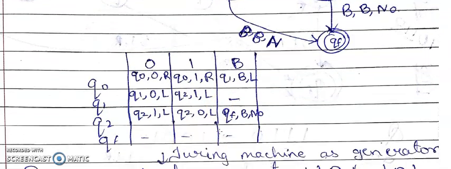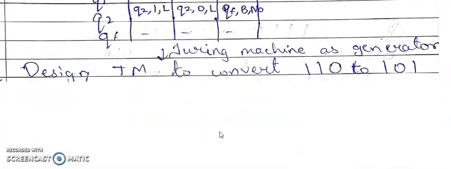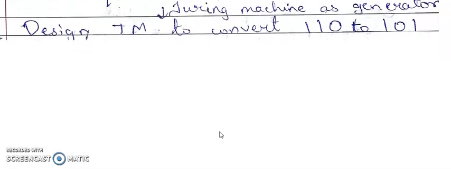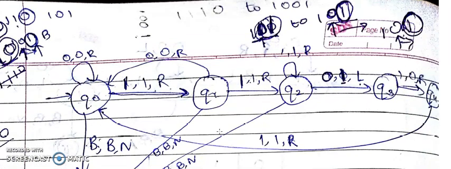Okay. The next important example is design Turing machine as generator. That is, design Turing machine to convert 110 to 101. If you remember, we have done this in Moore and Mealy machine, but there only the last element can be converted.